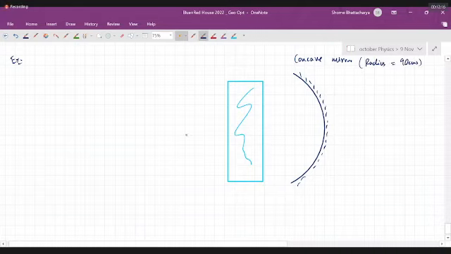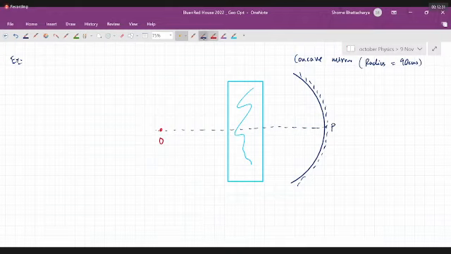Okay. And what we have is from its pole at a certain distance, we have kept a point object. So the distance OP is equal to, let's say, 50 centimeters. Okay.